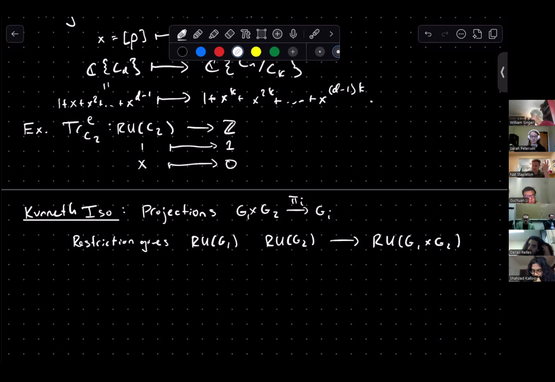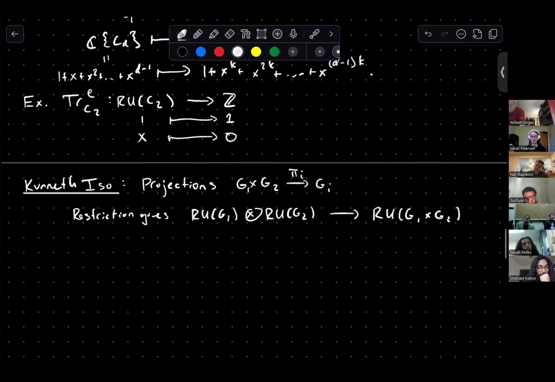So I get a map from the pushout of these two, which is the tensor product, because these are maps of commutative rings. So I get a map from RU of G1 tensor RU of G2 to RU of G1 times G2. So far, I haven't said anything that's not true for any global Green functor. But there's a theorem in this situation, which is that this map is an isomorphism.